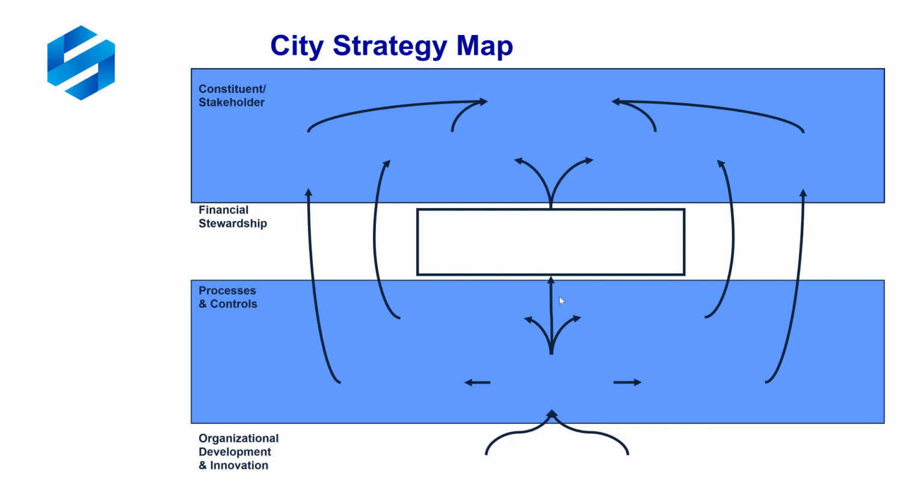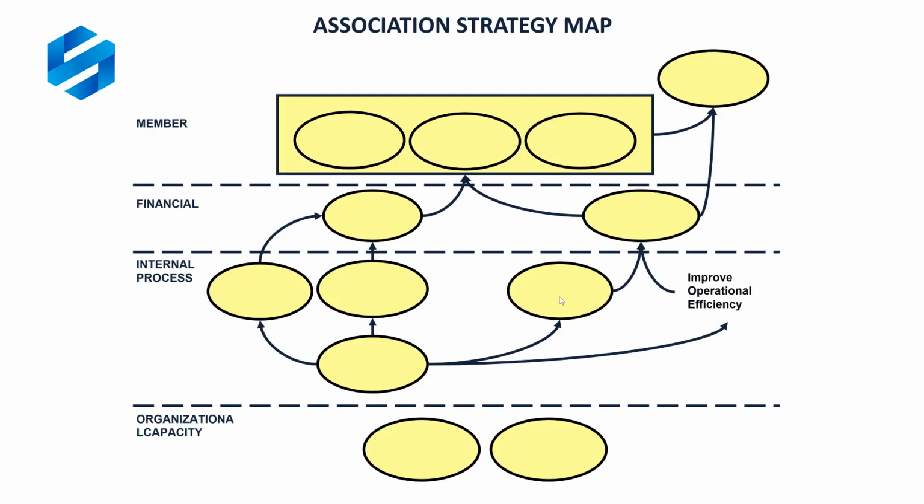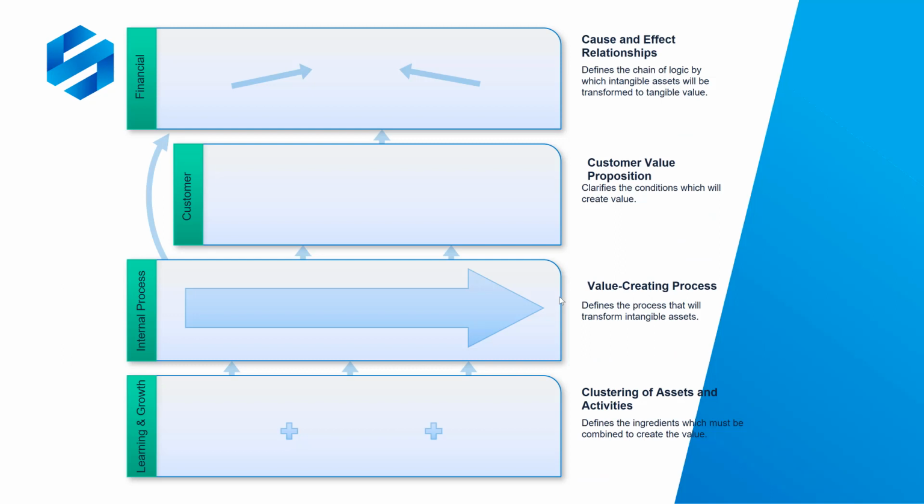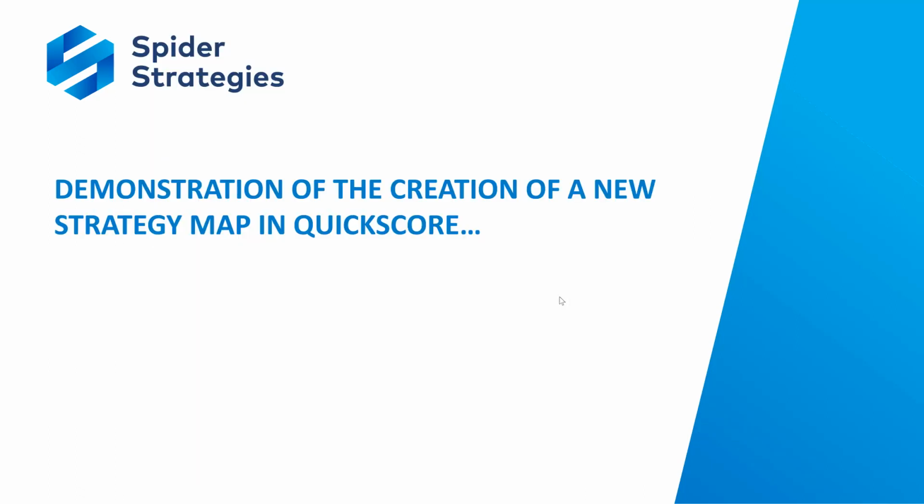Third is a strategy map used by a city organization. Next is a strategy map used by a local association. And lastly, a strategy map background including text-based definitions of the different perspectives of the strategy map.